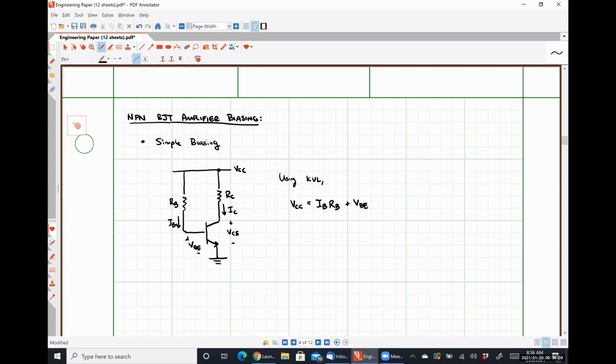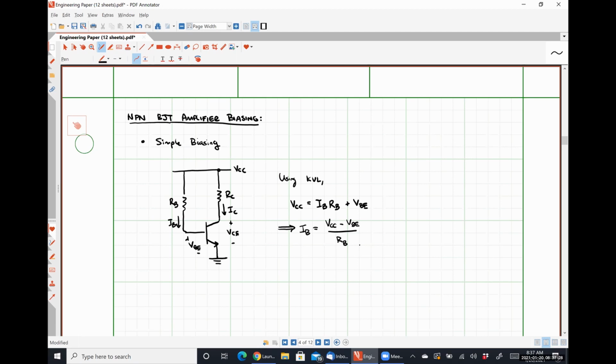Anybody got any problems with this? Simple KVL. All right, so we can rewrite this equation and find that our base current IB is simply VCC minus VBE divided by RB, just algebra.